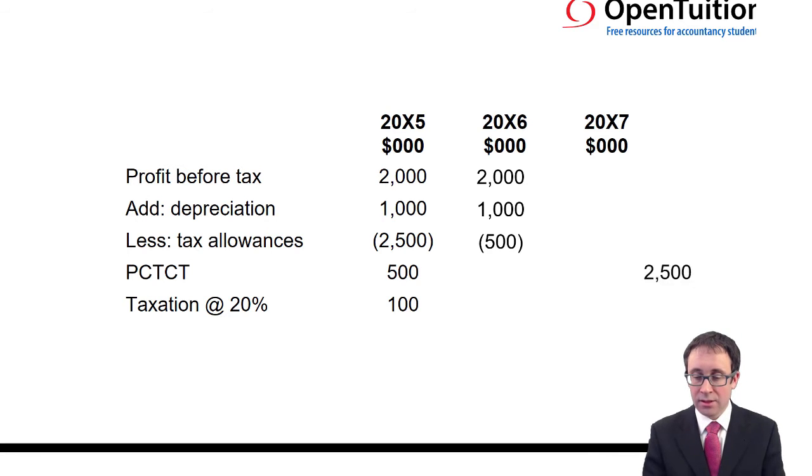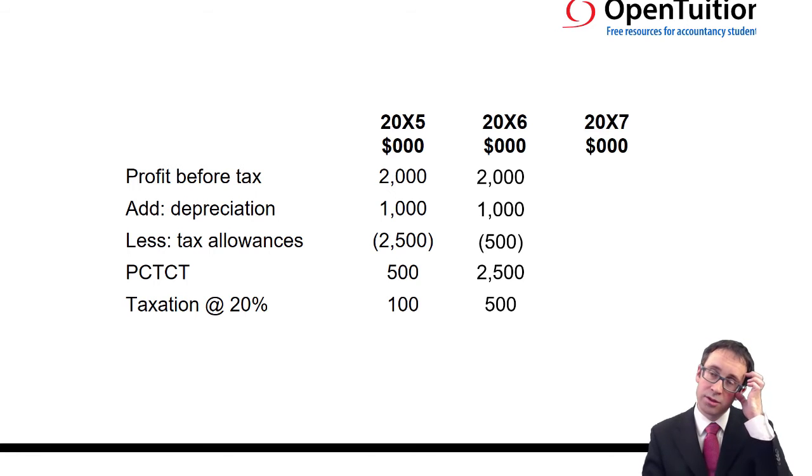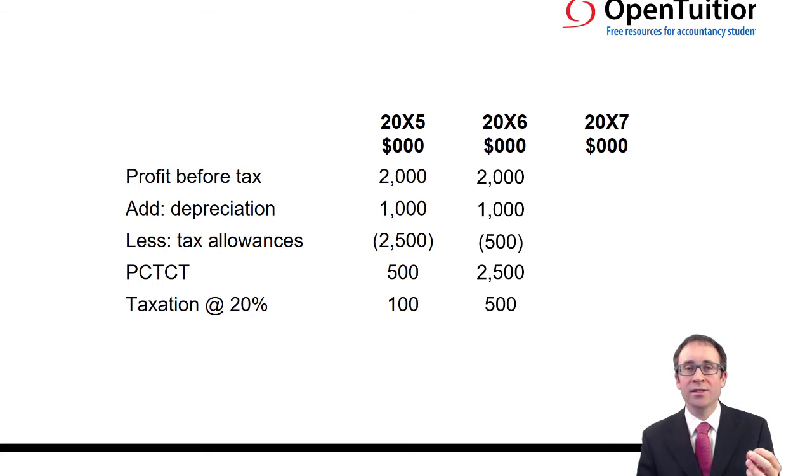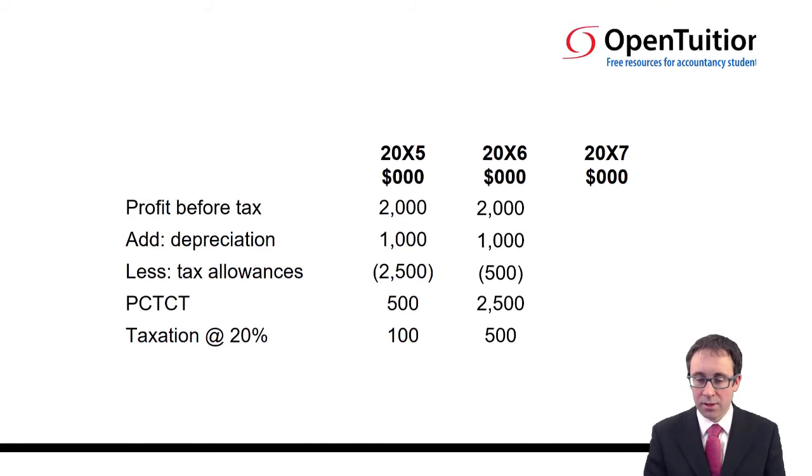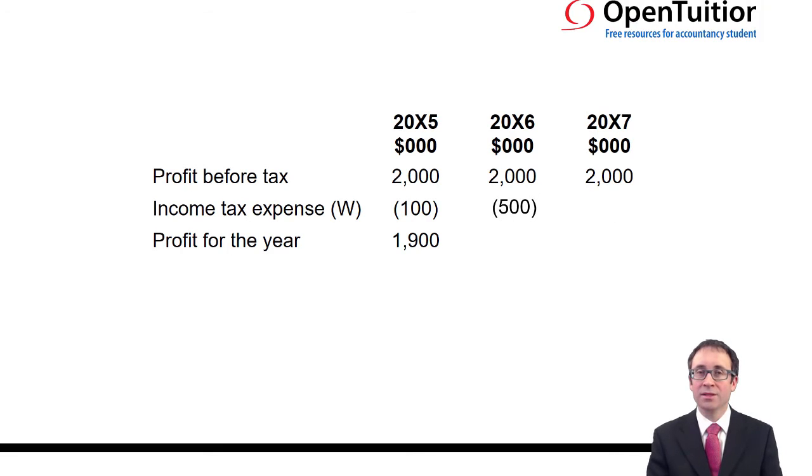Okay, so that gives me my profits chargeable to corporation tax at 2,500. 20% of that is 500. So that's my estimate at the end of the year. I recognize that as a liability on the SFP as my tax payable, and then also show it as an expense. So 2,000 less the 500, does that give me 1,500 as my profit for the year?